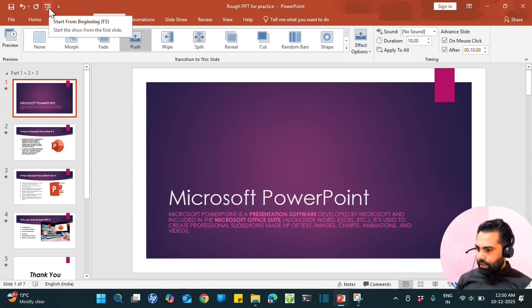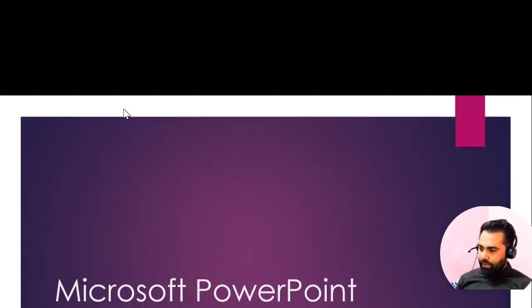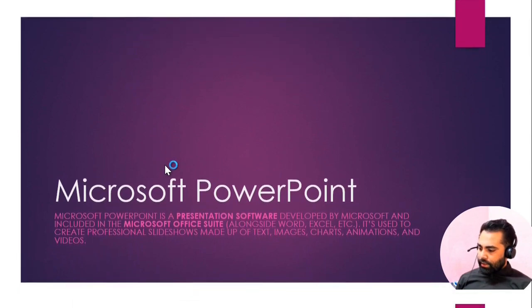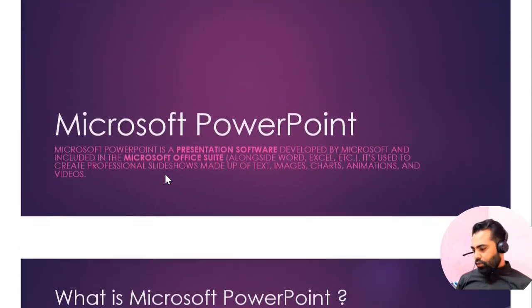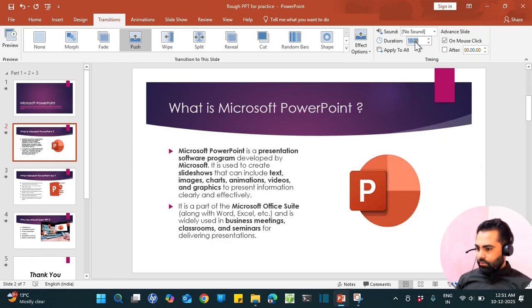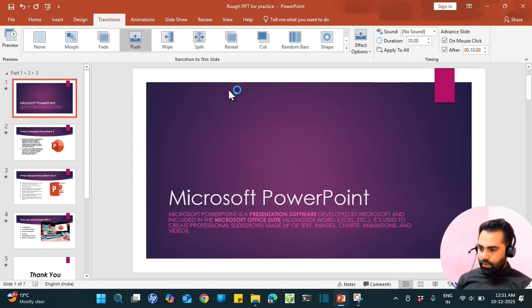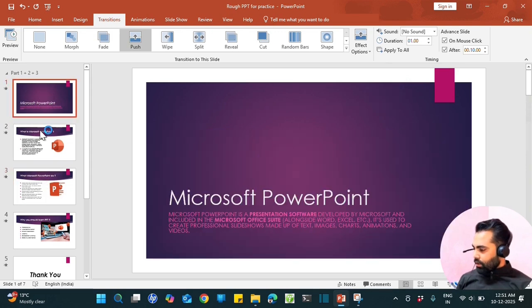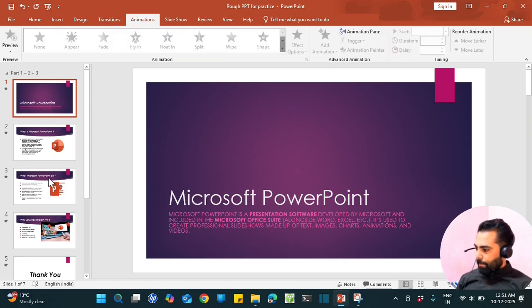So now if I start my slideshow, it will take a total of 10 seconds to show my slide 1, you can see on the screen, and again 10 seconds to change to slide 2. So this is how you can use the duration option also. As of now I am taking 1 second only. Okay, so after that the transition is completed, and we will now go for the animation option.